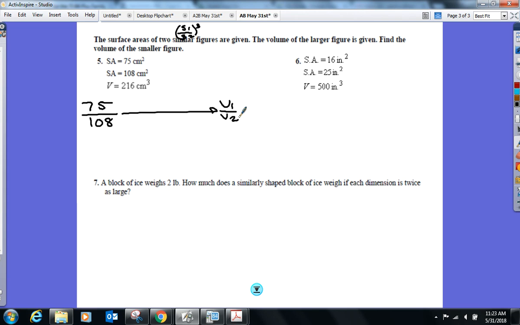Okay, so I'm going to go side ratio first. And how do I get to that side ratio? All right, here we go. Leave it as a fraction.